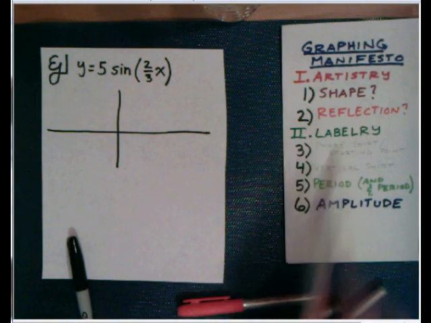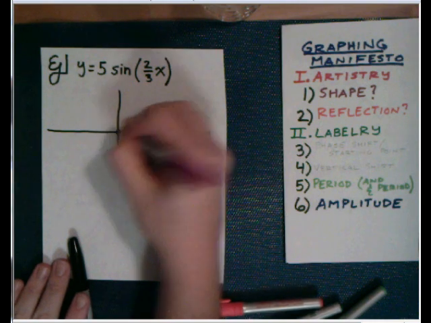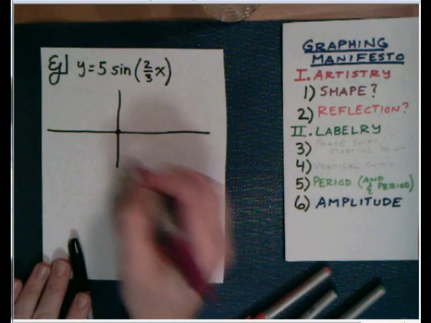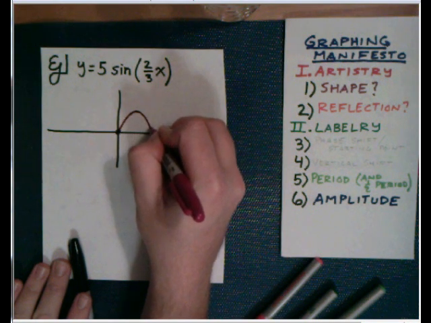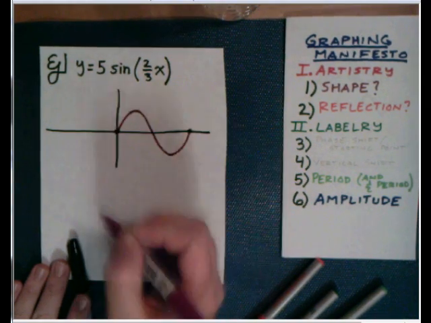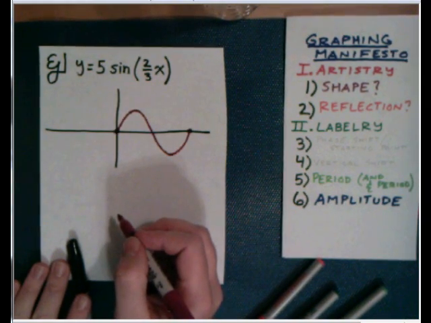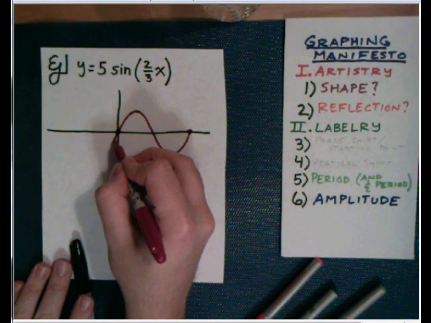So if I take care of the reflection itself, it's going to start at the origin because it's sine, start in the center for being sine, and then it's positive, so it's going to go up. So we'll go up, then come back down.